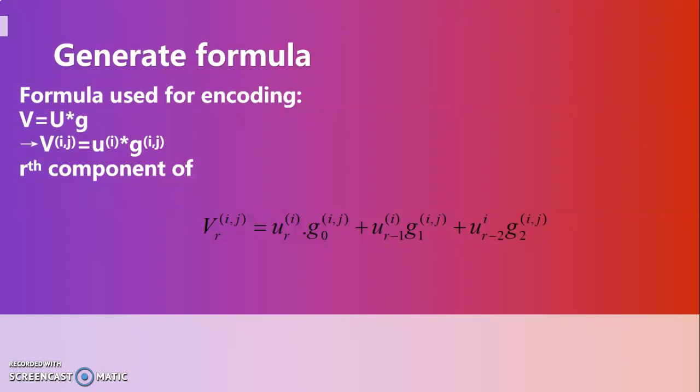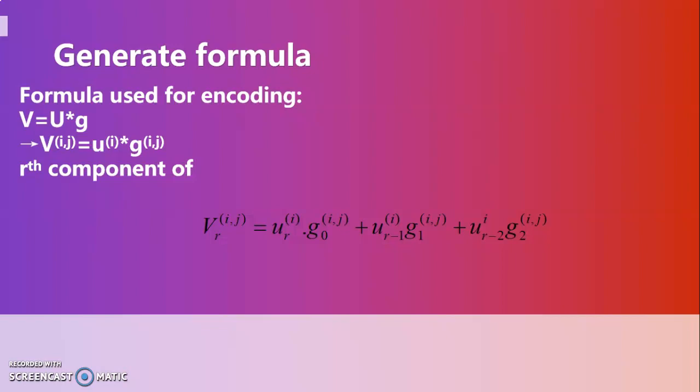By indicating output and input, the formula becomes V of ij equals U of i into G of ij. As j, the jth output comes from the ith input.